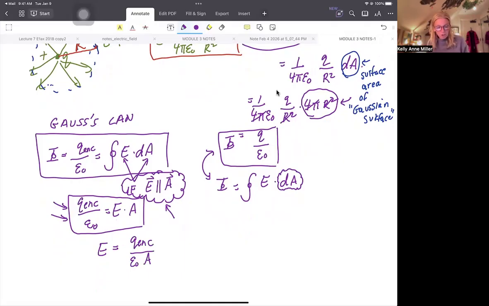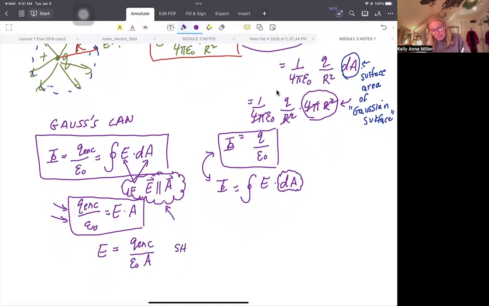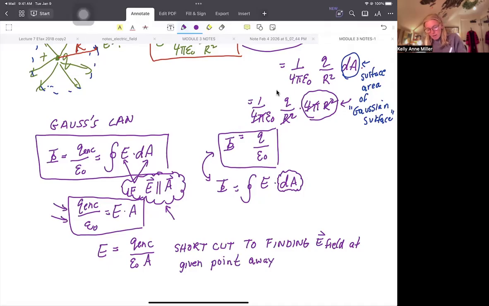Okay, so the way I think of this is it's a shortcut to finding the electric field at a given point away from a complicated configuration of charges.